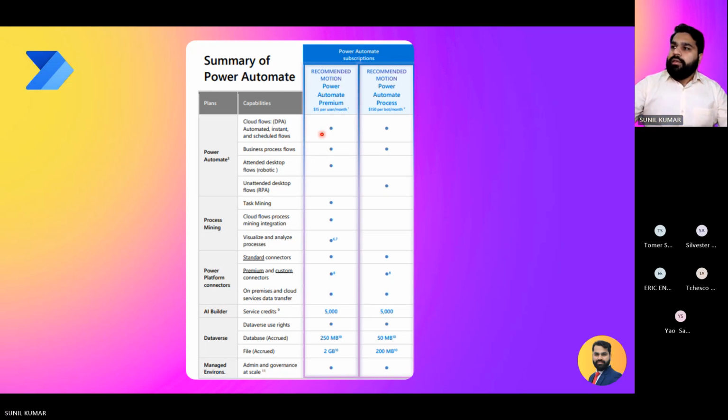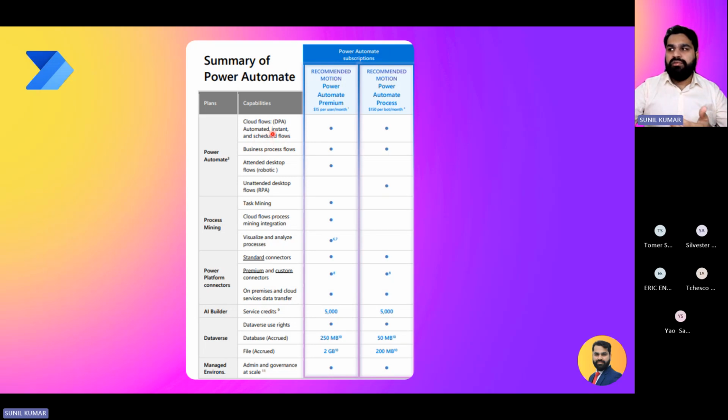In that case, that user, as owner, would need to have a Power Automate premium license to run these. Unless they have this license, they will not be able to run any of the automated, scheduled, or instant flows if those flows are premium flows.